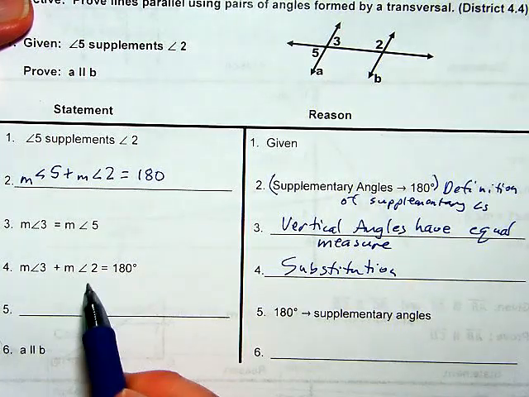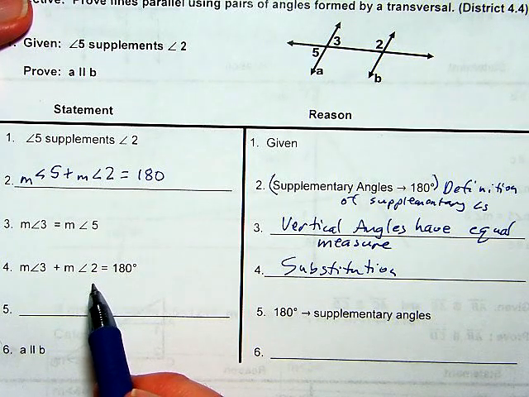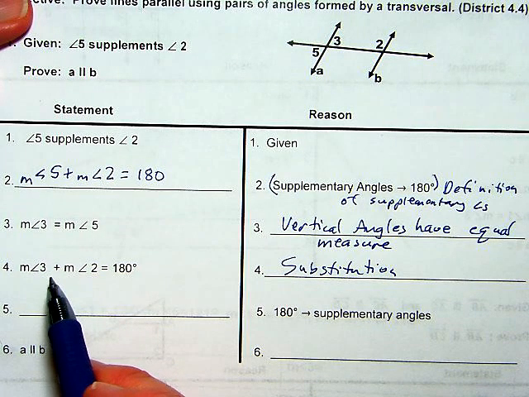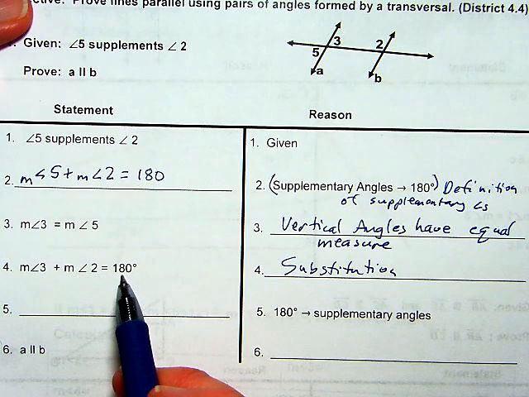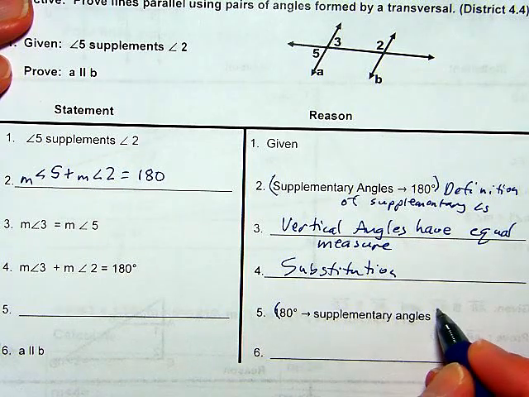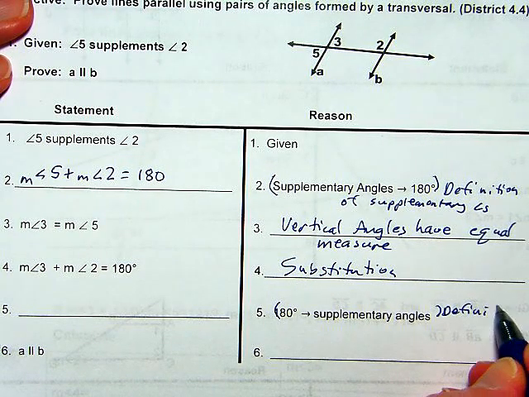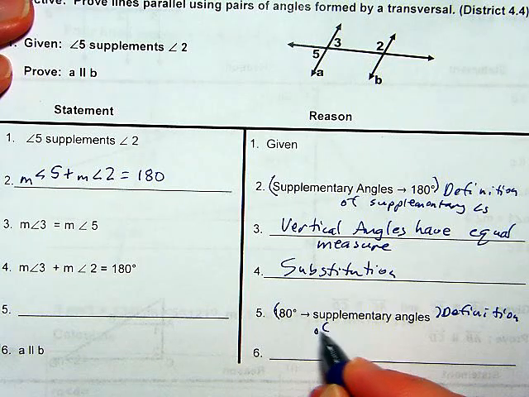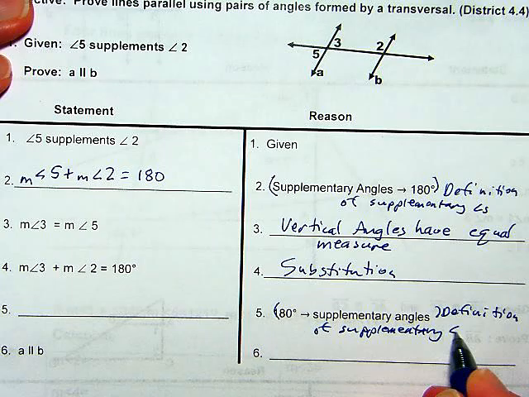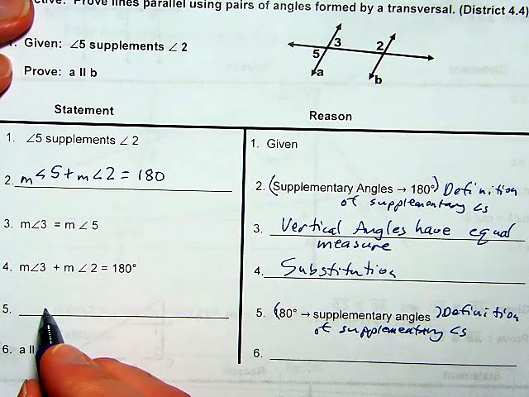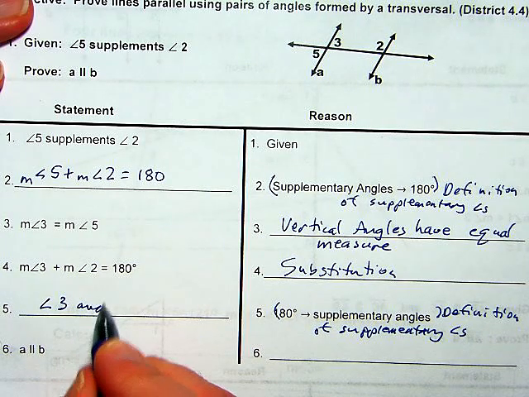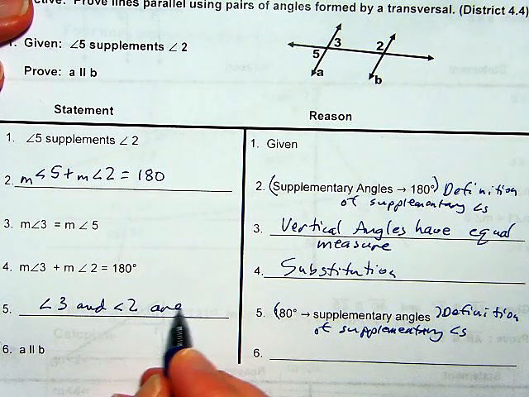to get this statement. Well, we already made allusion earlier to the fact that if these two angles add up to 180, then that means they're supplementary, again because of the definition of supplementary angles. Okay, so we can now say that angle 3 and angle 2 are supplementary.